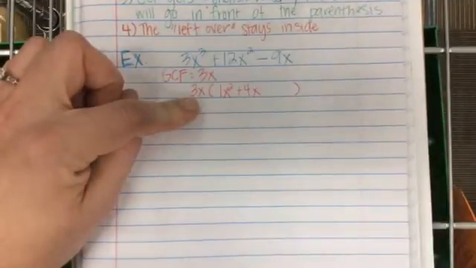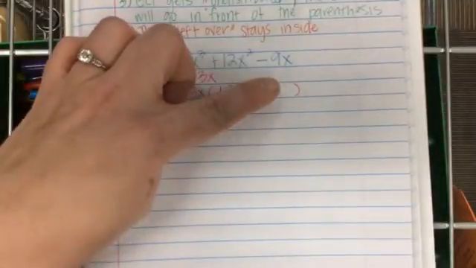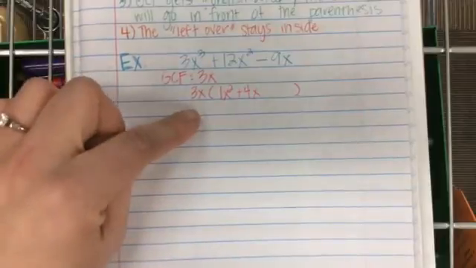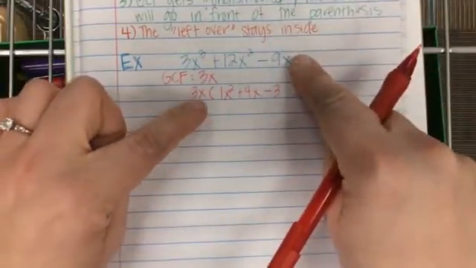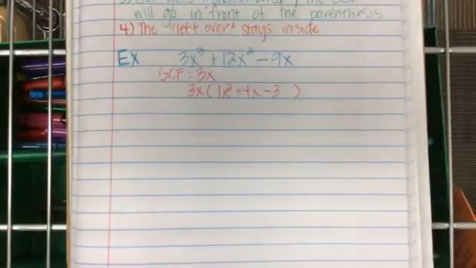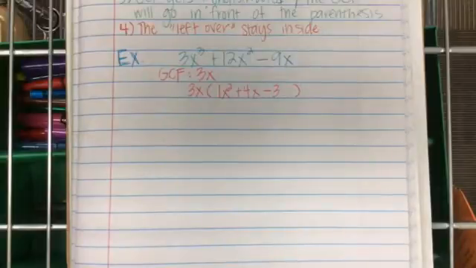X. What's negative 9 divided by 3? Negative 3. And what's x divided by x? Nothing. Cancels out. And there's your answer. We undistributed. Easy, right?